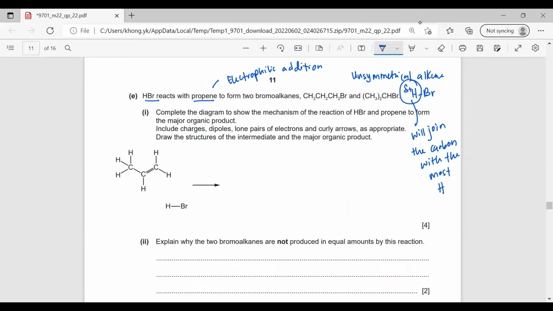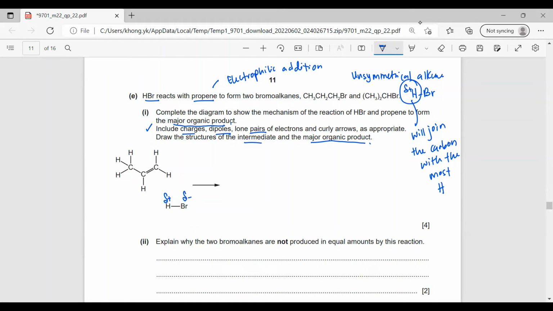So in this case, we need to complete the diagram to form the major organic product. Before that, we need to include the charges, dipole, lone pair, and also draw the structure of the intermediate and the major organic product. So now we need to label the H as partial positive, the Br as partial negative.